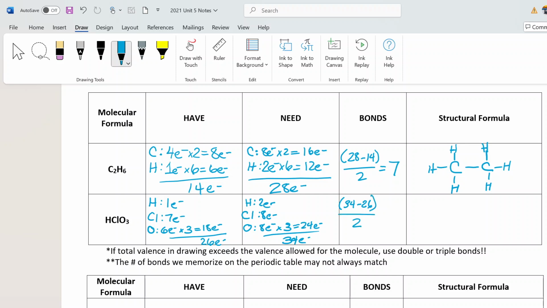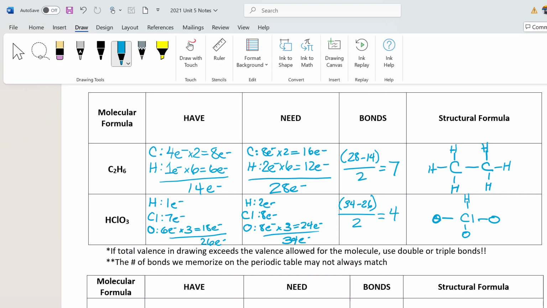And we will get 4 bonds, because that's 8, divided by 2 is 4. So in this case, chlorine's in the center. It's bonded to a hydrogen, an oxygen, an oxygen, and an oxygen.